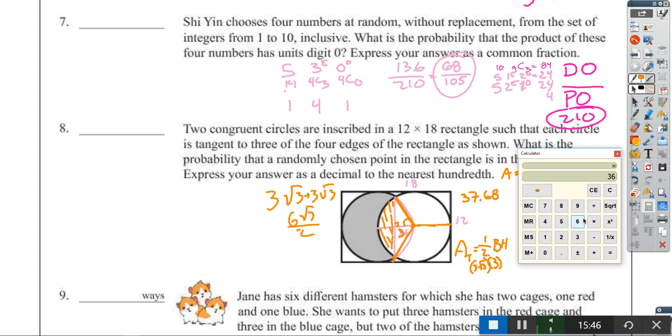Okay. So I'm just going to double check. So we have 36 times 3.14. All right, and 1/3 of that area is in fact this, all right?